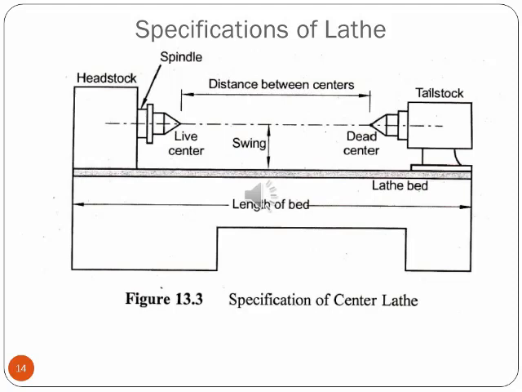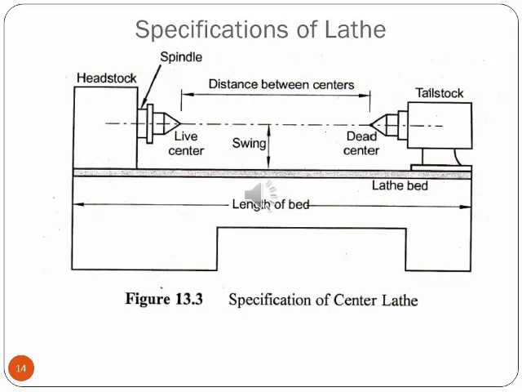However, both of them are loosely called the swing of the lathe. As you can see in the diagram, the distance between the lathe bed and the axis of the two centers, that is the live center and the dead center, gives the swing of the lathe.